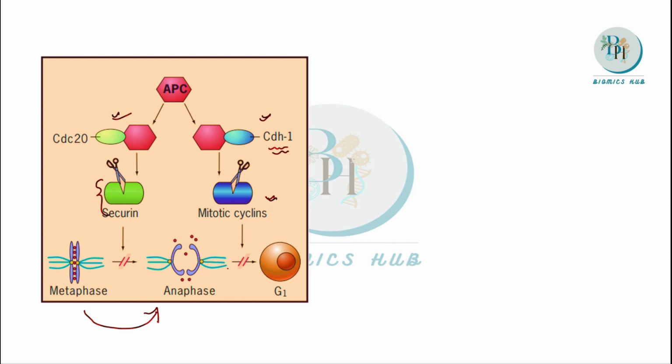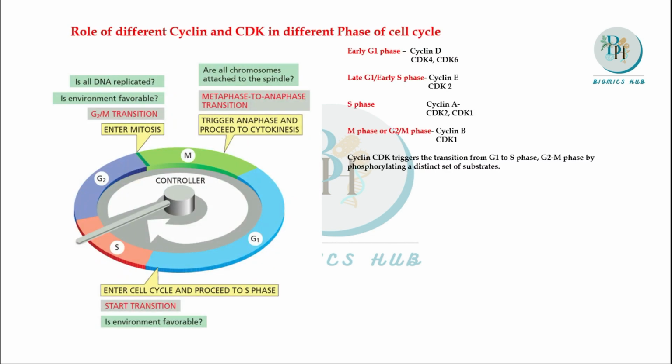That means when the anaphase is present and it has to convert into G1 phase, this APC is activated by CDH1. Securin will not allow the chromosomes to separate itself. So when securin is degraded, it allows the chromosomes to separate in metaphase. This was the work of this APC.